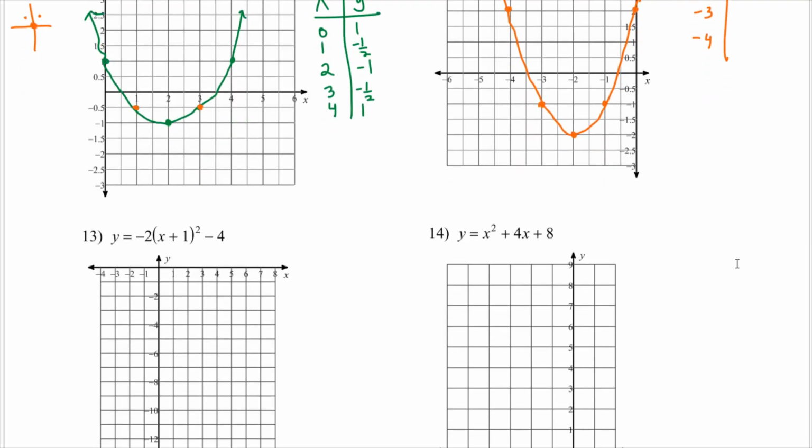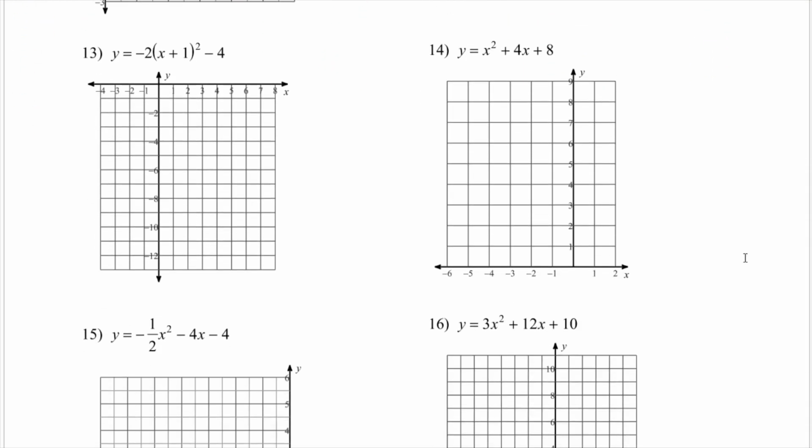There's one more here in vertex form. And then we switch to standard form. So here's our vertex, -1, -4. This time they are not going by 2s on our scale, and that's because we have a vertical stretch. The negative just tells us to make this open down, which we call a reflection.